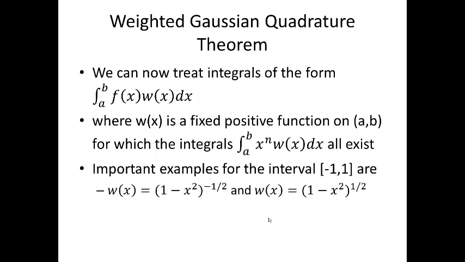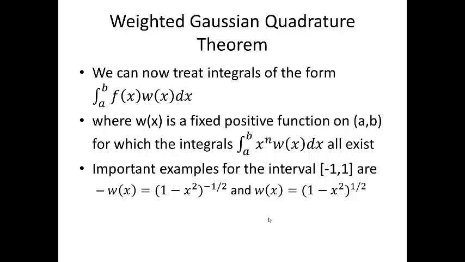Now what we can do is treat integrals of the form the integral from a to b f of x times w of x dx, where w of x is a fixed positive function on [a, b], for which the integral from a to b x to the n w of x dx all exist.